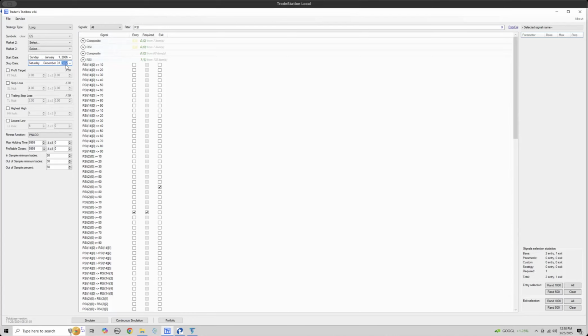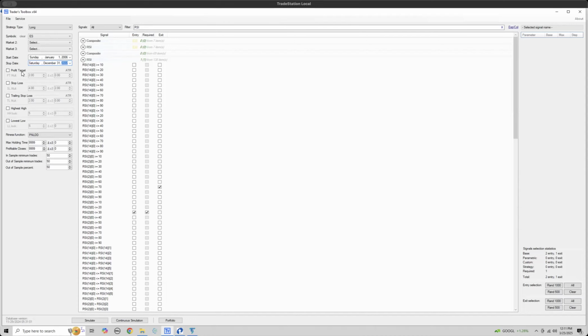Now, why didn't I go up to the current date? Obviously, what we want to do is leave a chunk of data as unseen data for our out of sample. And that's why we're going up to 2022, all the way through 2022, I should say. So 2023 and beyond is going to be out of sample.